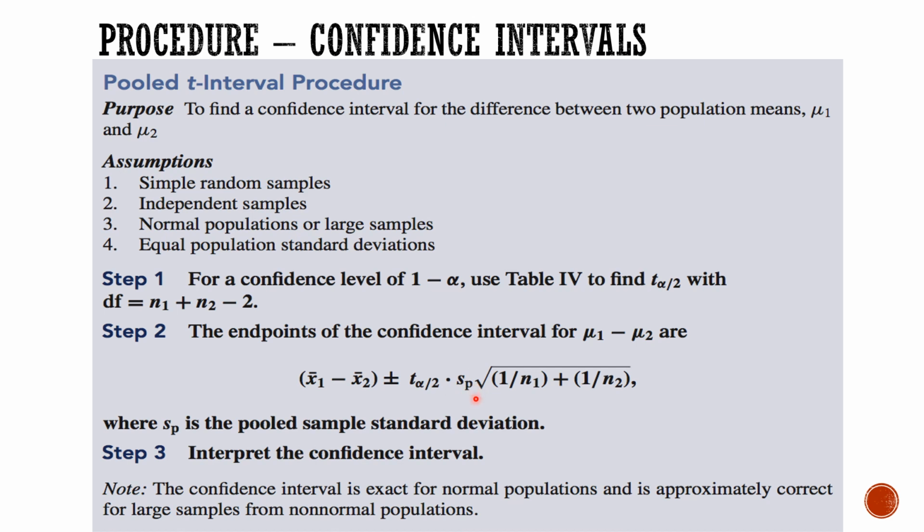So we will have to use the formula for the pooled standard deviation to find the value of s sub p using the two standard deviations. Remember, it's the weighted average of the two standard deviations based on their sample sizes. And finally, in step 3, we interpret the confidence interval. Again, we will be working through an example in one of the worksheets for this topic.